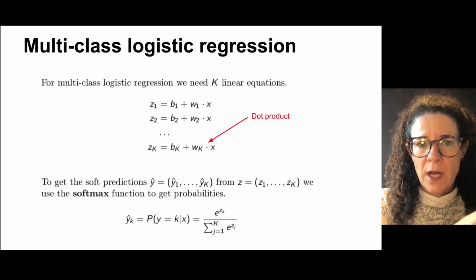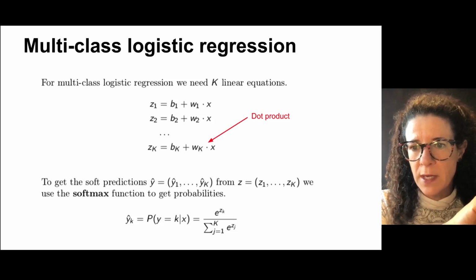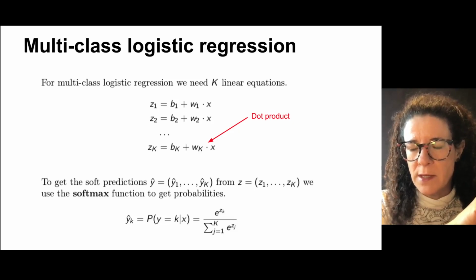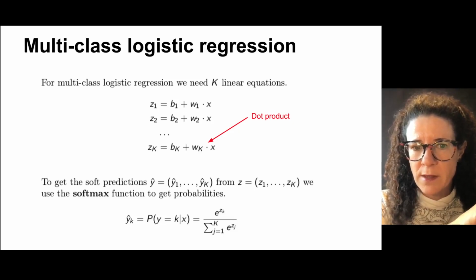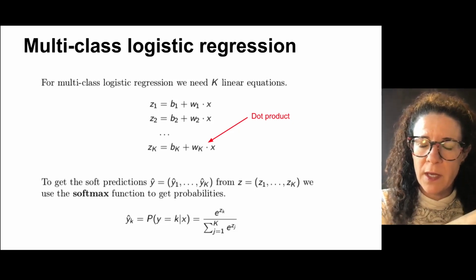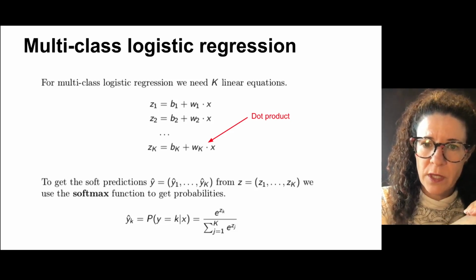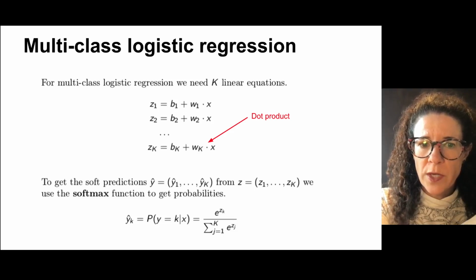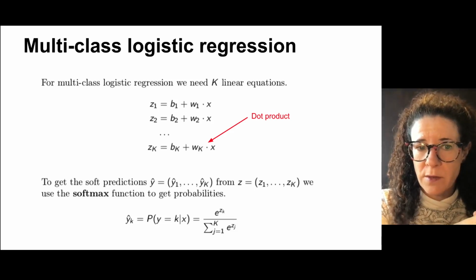The model itself is going to have k equations. So z1 is equal to b1 plus w1 times x. Here w1 is a vector, the same size as the input vector x. So I'm going to have k linear equations. To get probabilities from those linear equations, we use a softmax function, which we have talked about before.